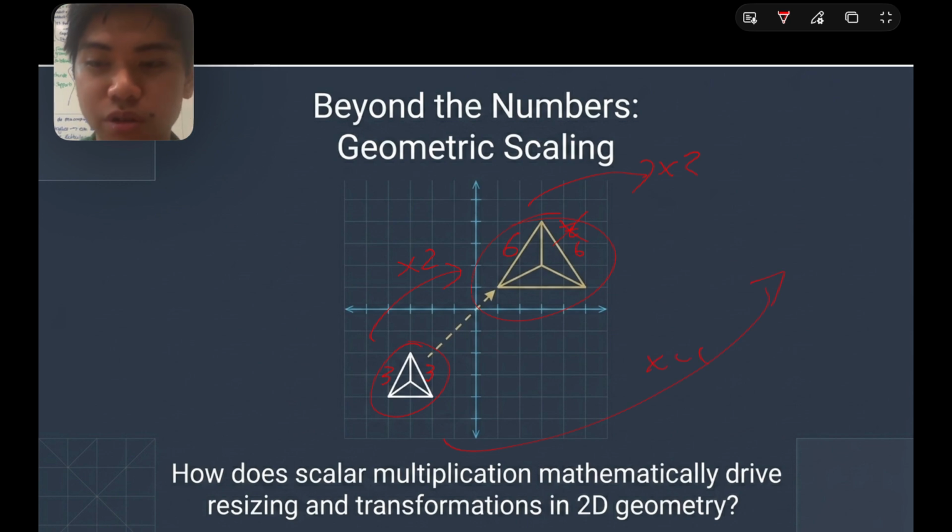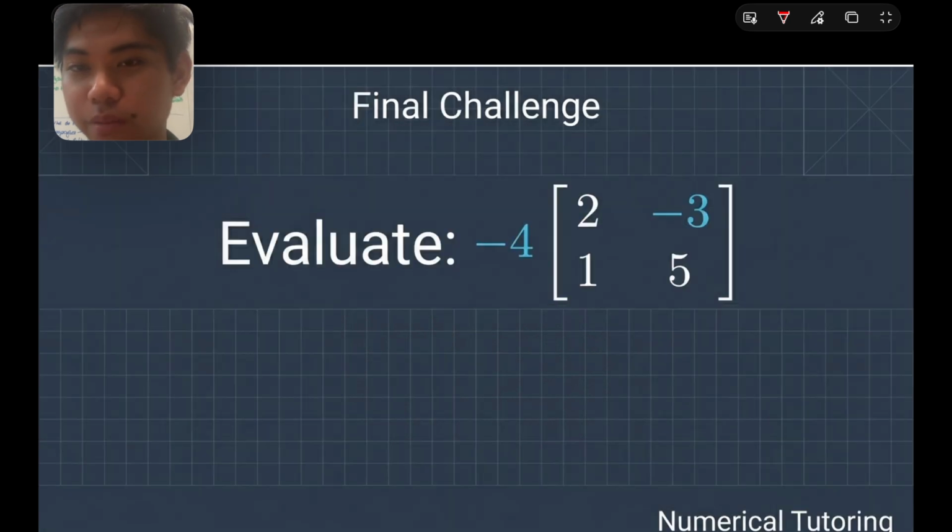Okay, and then if it's multiplied by 2 again, it's multiplied by 8, our entire thing. So you can see a sort of exponential increase in the scaling as we repeat our scalar multiplication, which is also an application for this topic.